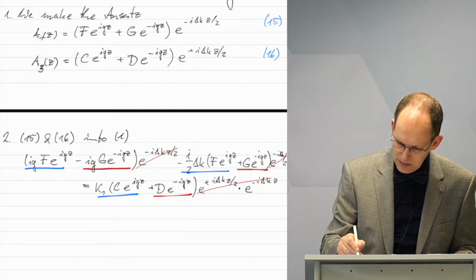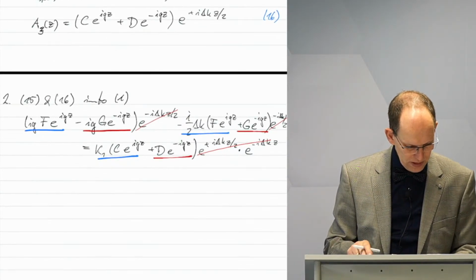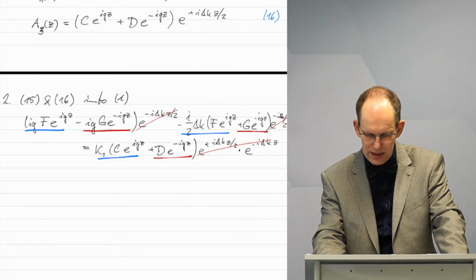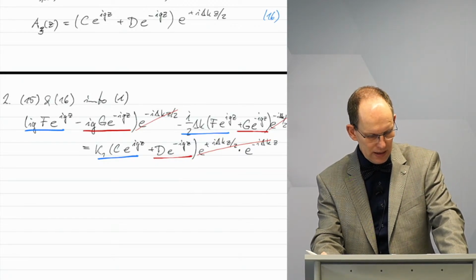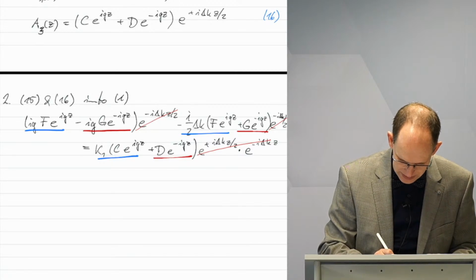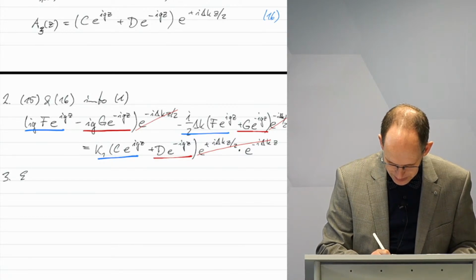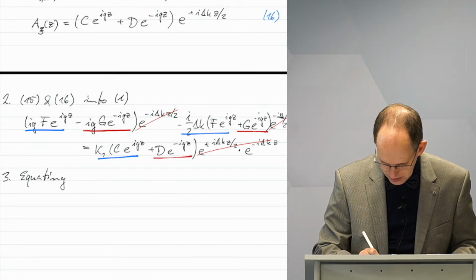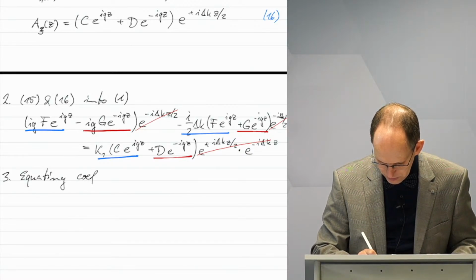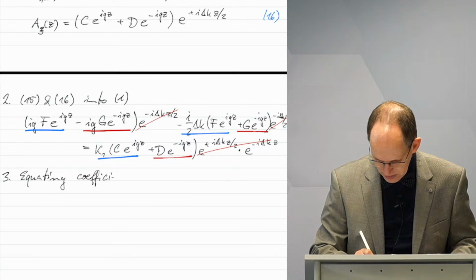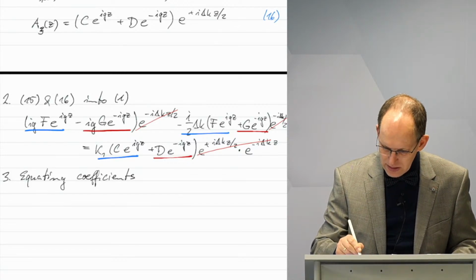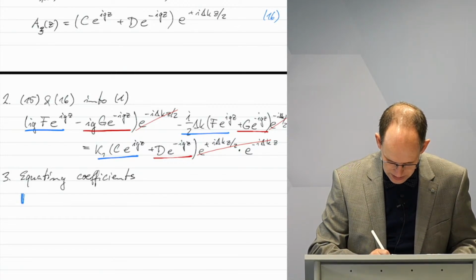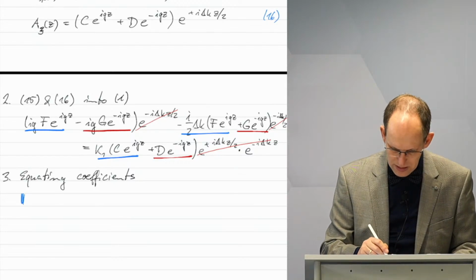So what we do is, in German we call it Koeffizientenvergleich. In English, it's equating coefficients. So we do it for those underlined in blue.